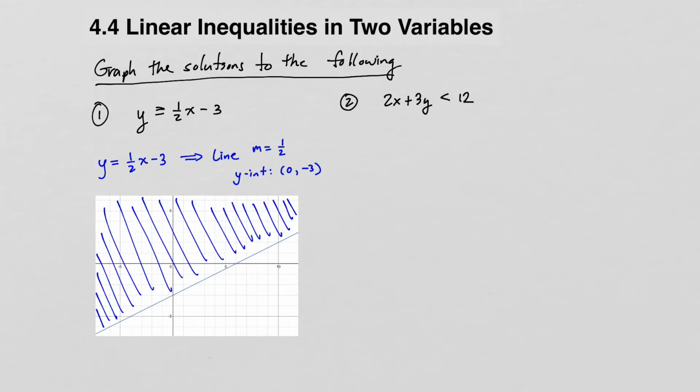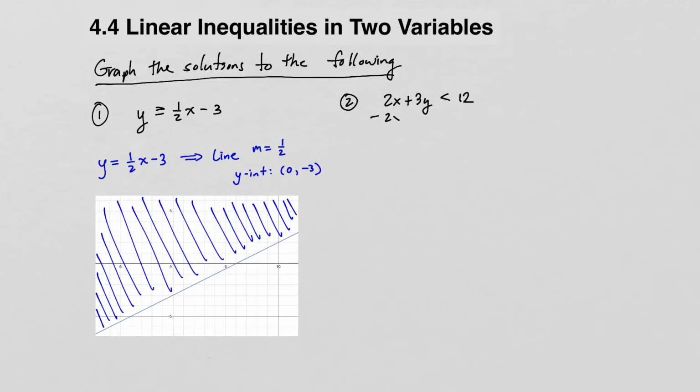So just like before, the first thing we need to do is determine what the line looks like. Now there's two ways we can go about doing this. You can get points on the line, or you can solve for y, like we had here, and then use the slope and the y-intercept. I like that method better, so that's the way I'm going to do this.